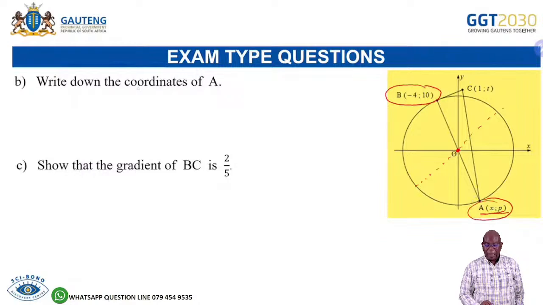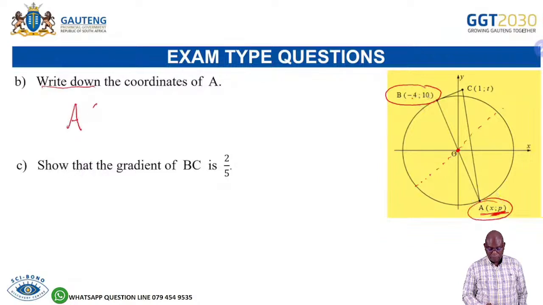So now, write down the coordinates of A, as that one is a reflection of that, and they said write down. There's nothing to calculate in there, so I'm just writing down. So you must just know about this reflection. So if this is -4 and 10, how am I going to write down the coordinates of A?